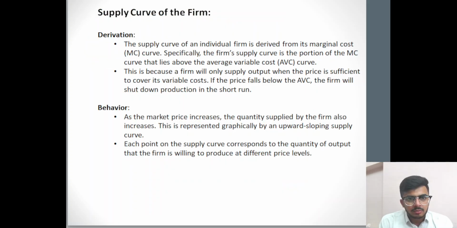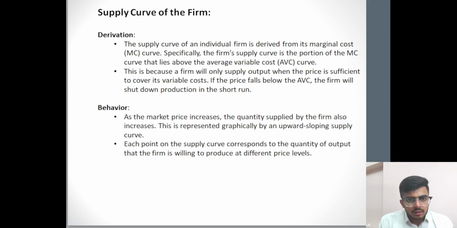Supply curve of the firm, derivation and behavior. The supply curve of the individual firm is derived from its marginal cost curve above the average variable cost, which I further said.